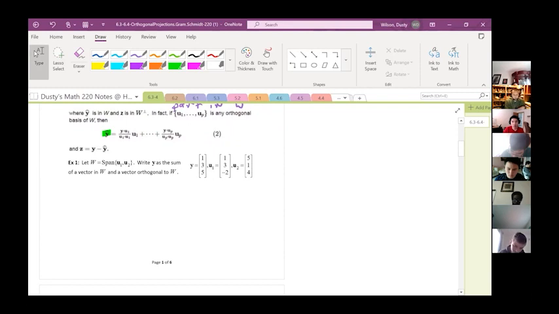If we let W equal the span of U1, U2, we want to write Y as the sum of a vector in W and a vector orthogonal to W. A vector in W means Y hat. A vector orthogonal to W means Z. So we've got our formula.